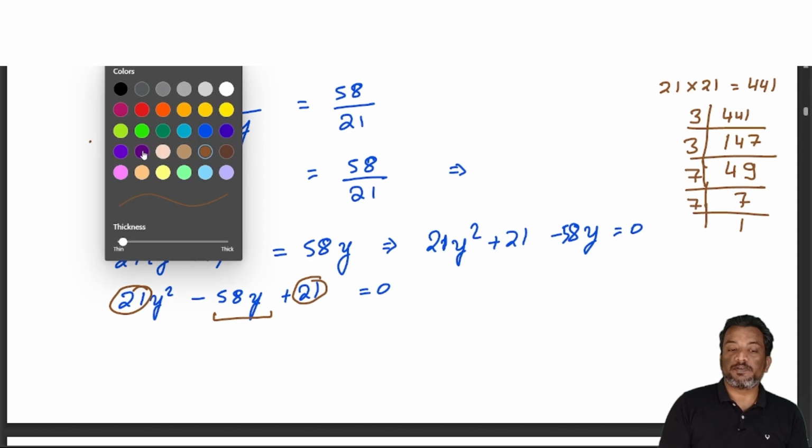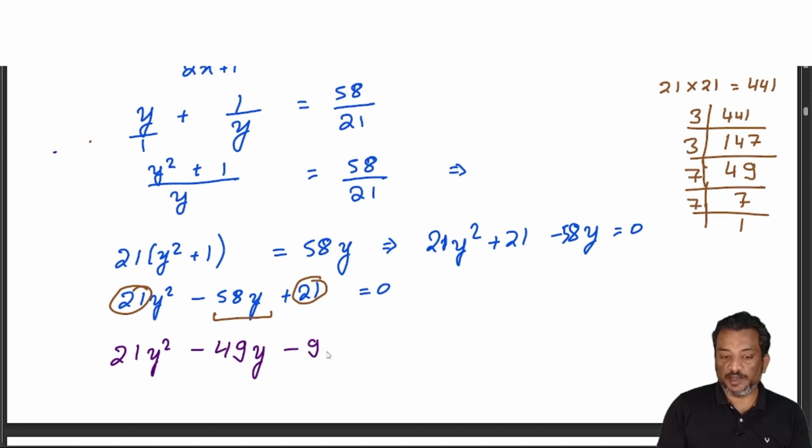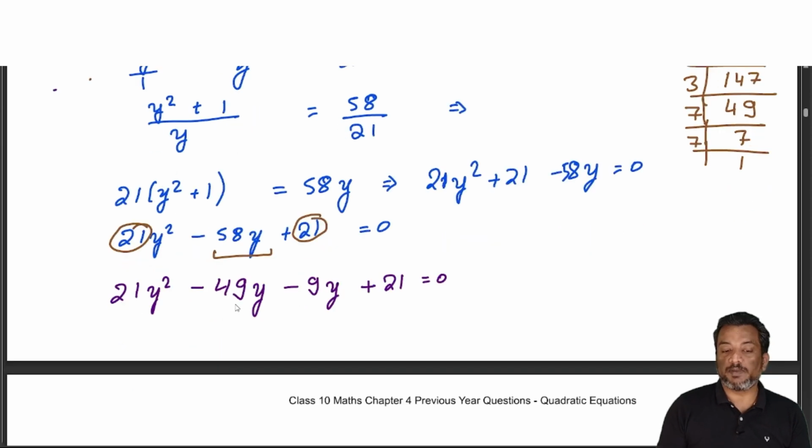So splitting the 58y, we will get 21y square minus 49y minus 9y plus 21 is equal to 0. Now between 21y square and minus 49y, you can take 7y common, so you will get 3y minus 7.